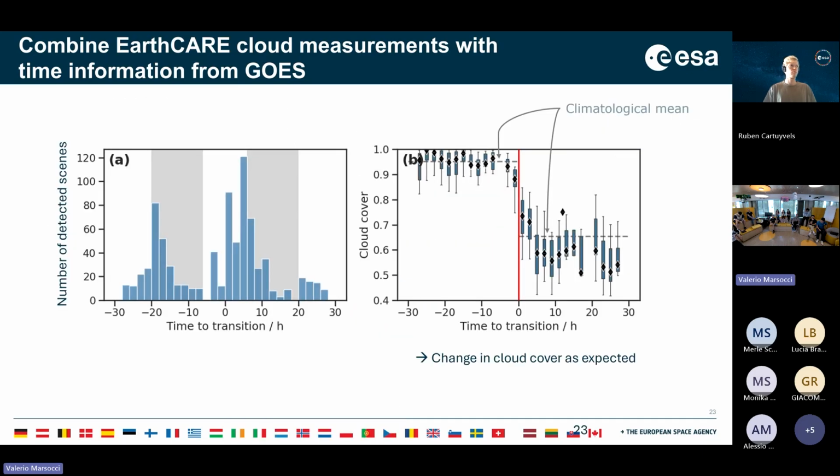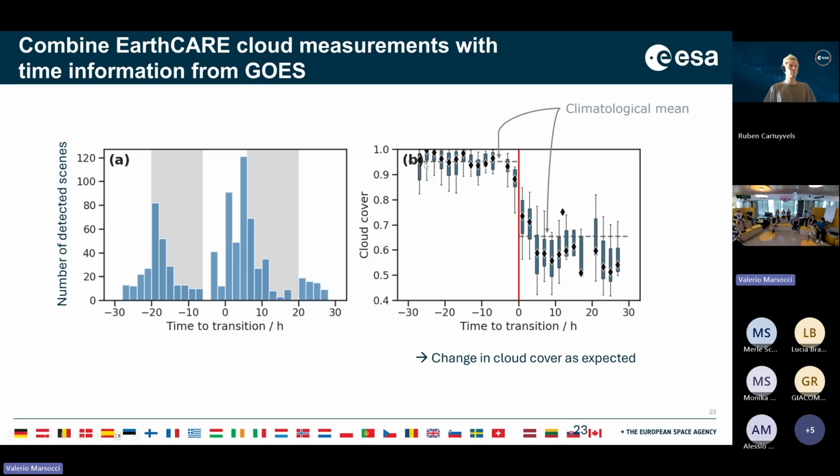Doing this for all the transitions that we found, we can make plots like these. For each time to transition value, from all these around 800 transitions that we found, we can get the corresponding EarthCARE values.